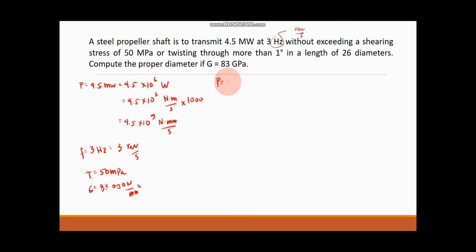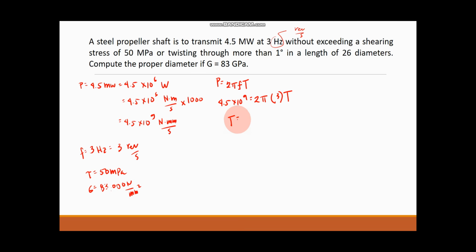Our formula is power equal to 2 pi f T, in which our power is 4.5 times 10 raised to 9 is equal to 2 pi. The frequency is 3 Hz or 3 revolutions per second. And then, what we are looking for is the torque.